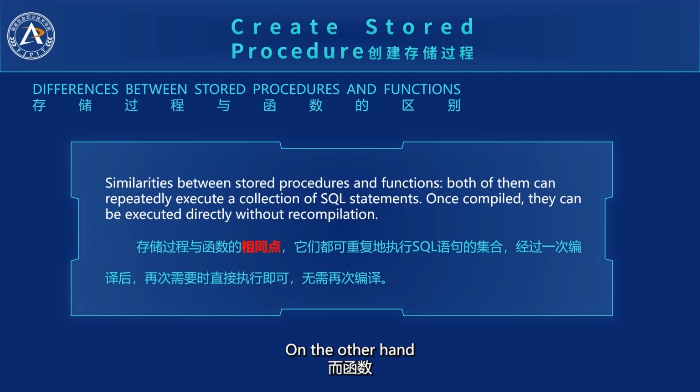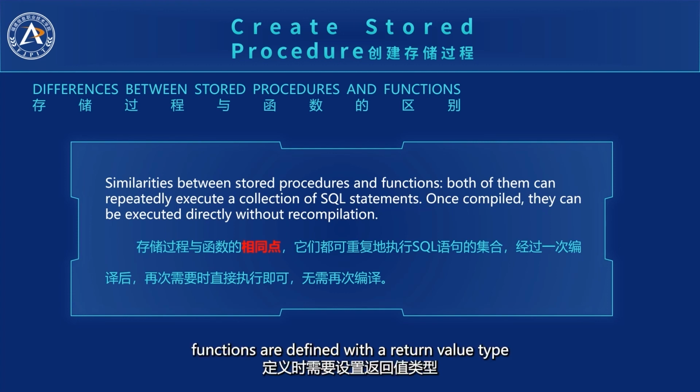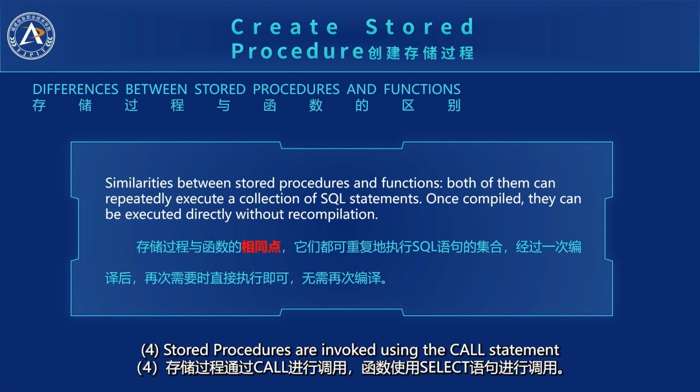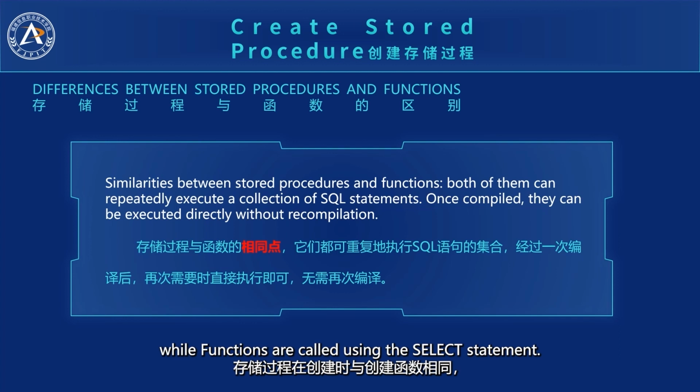On the other hand, functions are defined with a return value type, and the returned value must be assigned to a variable when called. 4. Stored procedures are invoked using the call statement, while functions are called using the select statement.